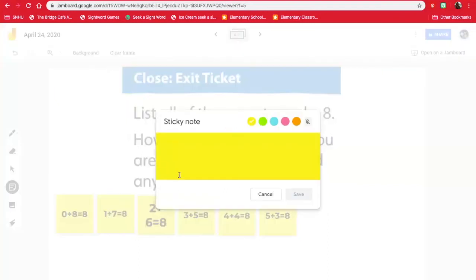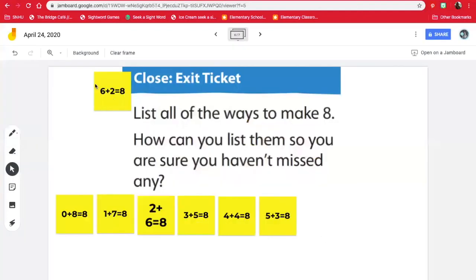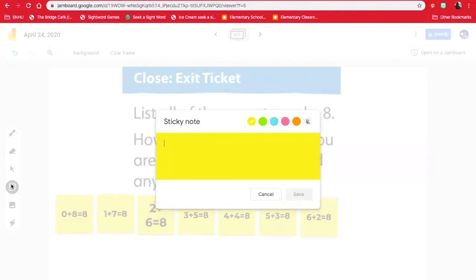Next, we're going to have 6 plus 2 equals 8. We could check our work by putting 6 in our calculator and counting on by 2 more. 6, 7, 8. After 6 comes 7 plus 1 more equals 8.